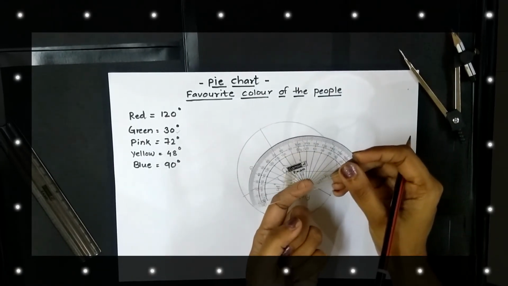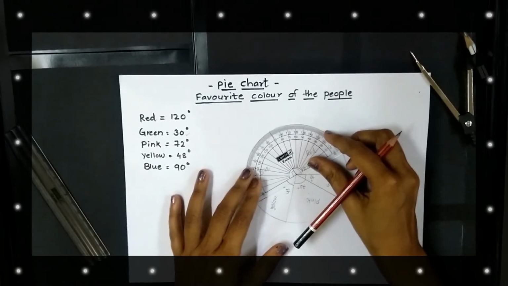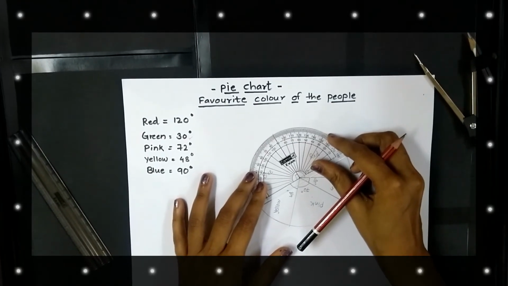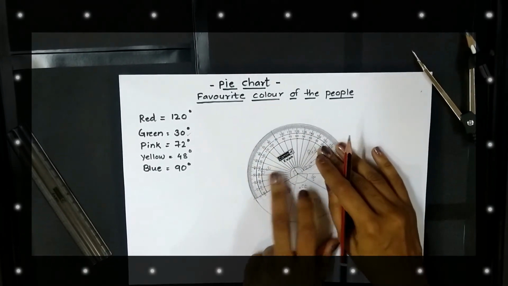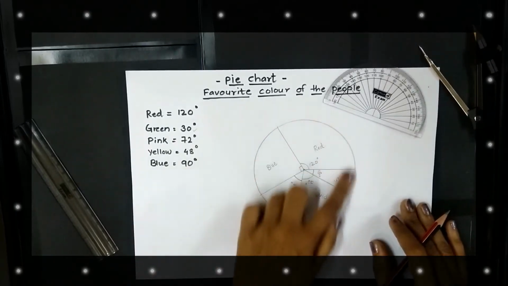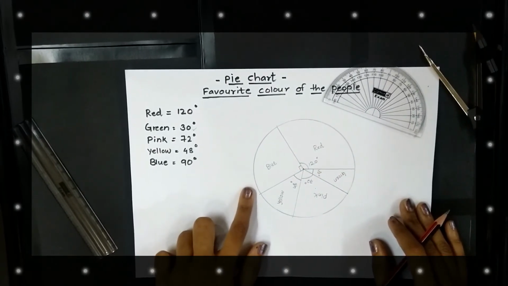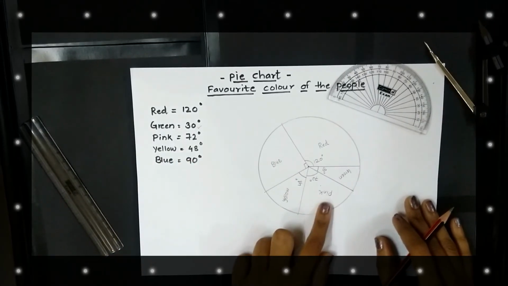You have to keep the center of the protractor in alignment with the center, and you can see that it is an angle of 90 degrees over here, which represents the blue color sector. So this is how my pie chart is completed, with these angles represented on the pie chart.